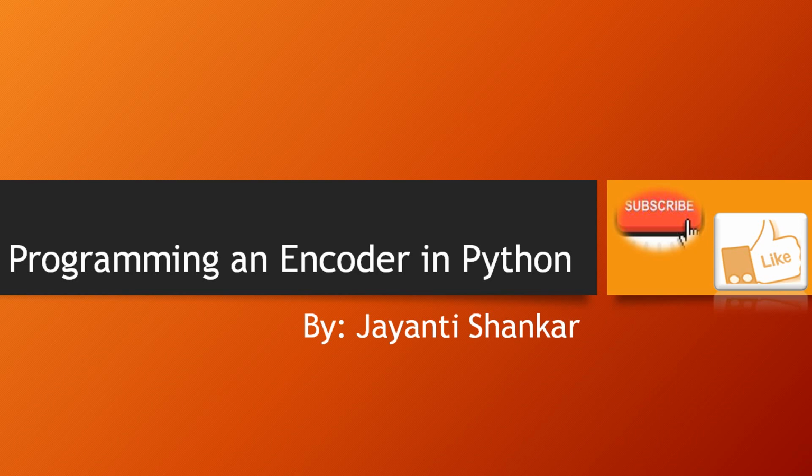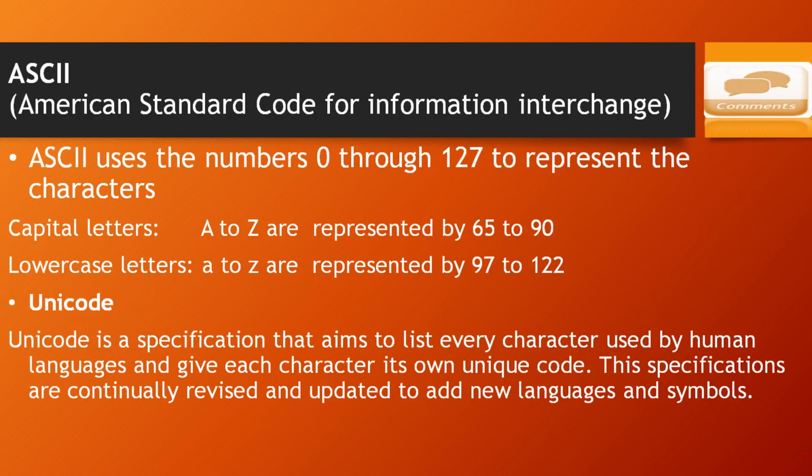One important standard is called ASCII. ASCII uses the numbers 0 to 127 to represent the characters. For example, the uppercase letters A to Z are represented by the values 65 to 90, and the lowercase versions have codes 97 to 122.